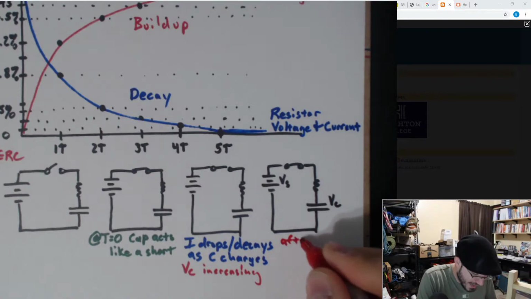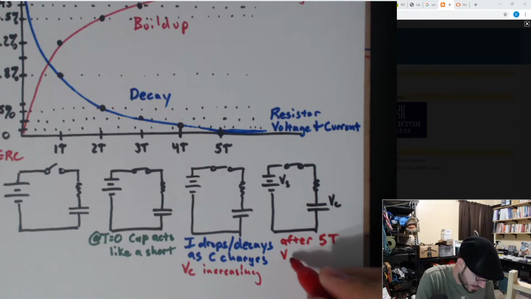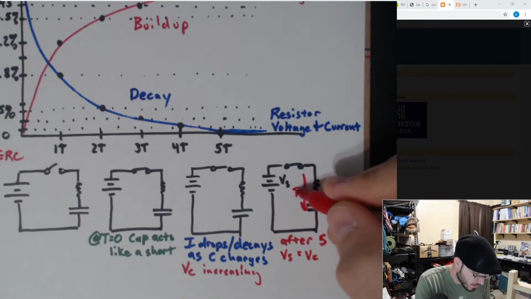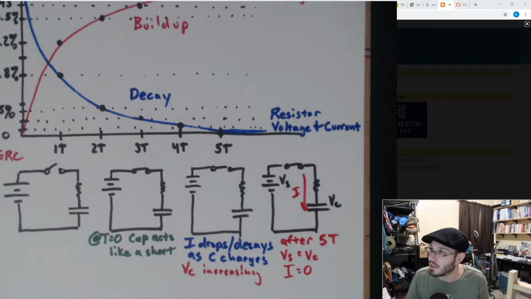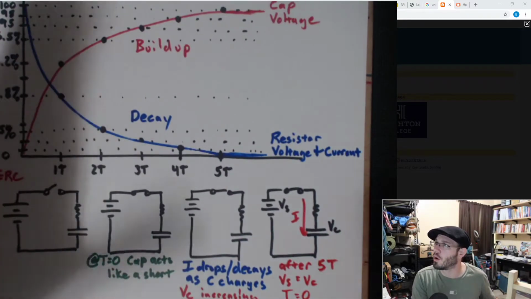So let's go ahead and say that after 5 times the time constant, V sub S equals V sub C, and no more current flows through this. I equals 0.